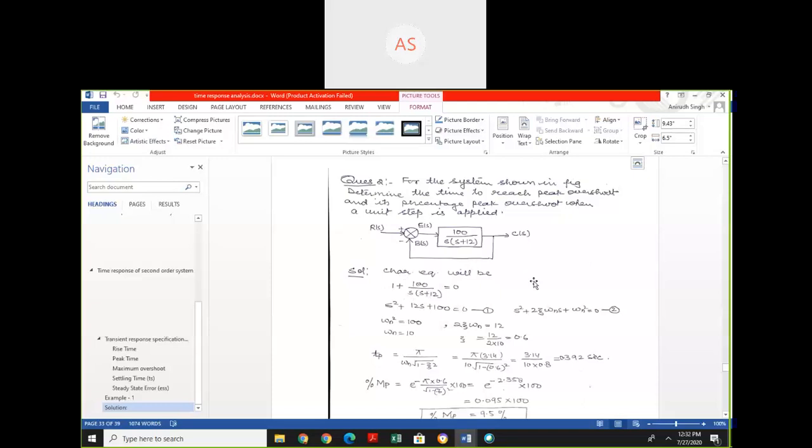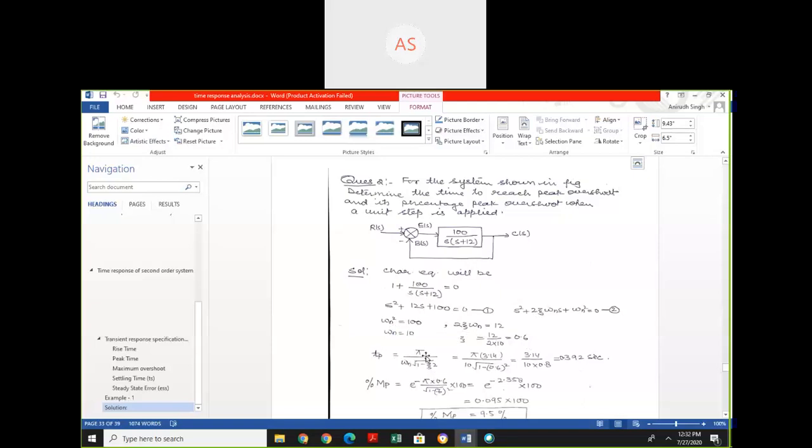So the characteristic equation is this, and if you compare this equation with the standard equation, you get the value of omega n. The value of omega n is 10, and when 2 zeta omega n is equal to 12, the value of zeta is calculated as 0.6.